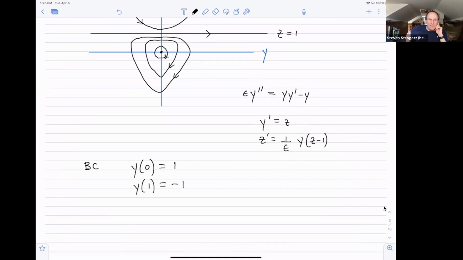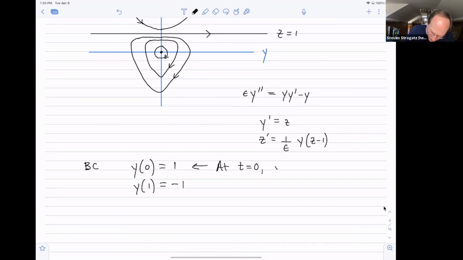So what does that mean? Thinking dynamically, that's like saying at time 0, I tell you where y is. Here, I think it is convenient to think of it as time.